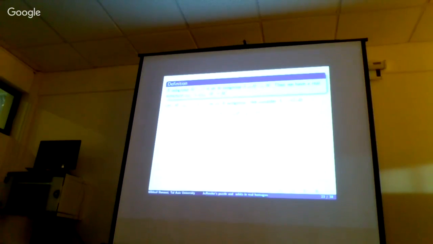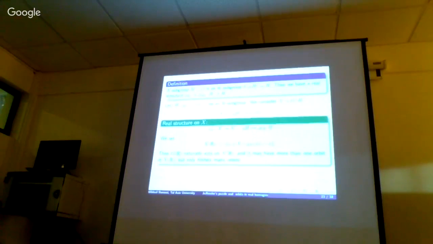Now let H be an R-subgroup of G. We consider X = G/H, the quotient set, or coset set, I don't know how you prefer to call it. It's the set of cosets which one learns in a course of group theory. Now on this quotient set, one defines the real structure by representatives: just define gH goes to rho(g)H.